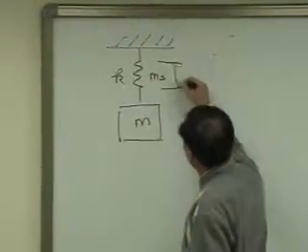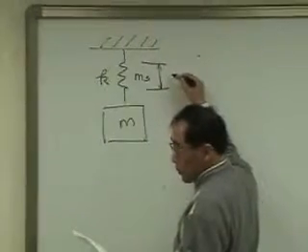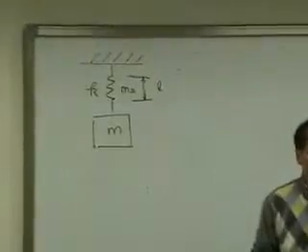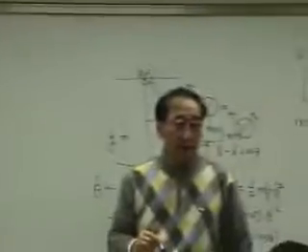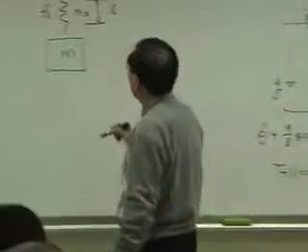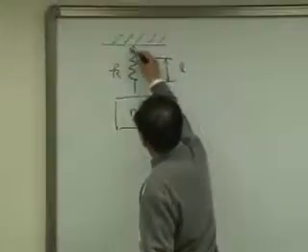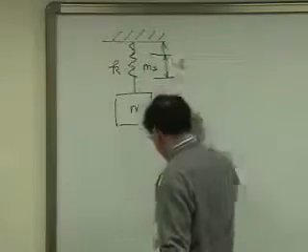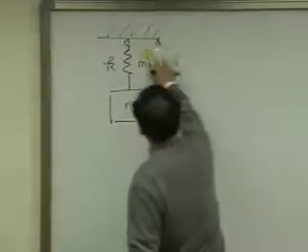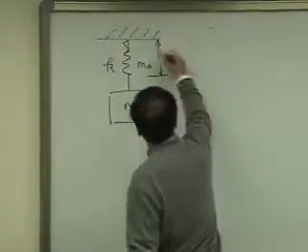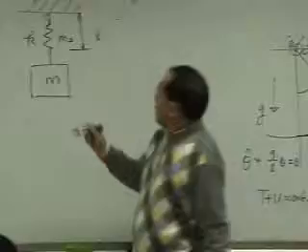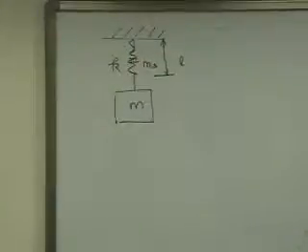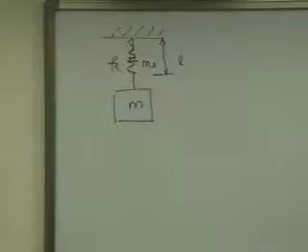And I assume the length of this spring is L. Okay? And I assume there is a spring stopping over there. And then the certain mass over here.